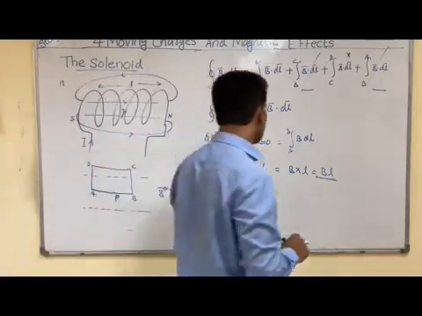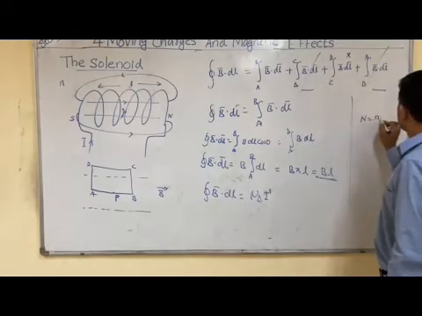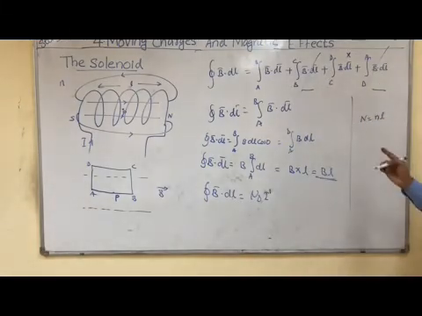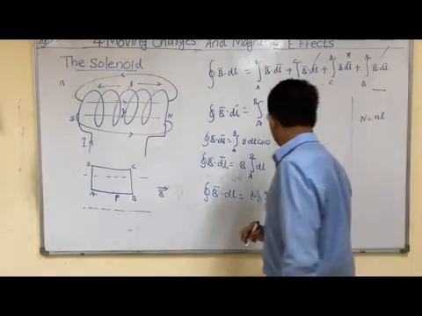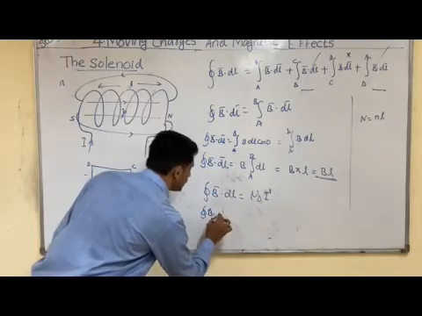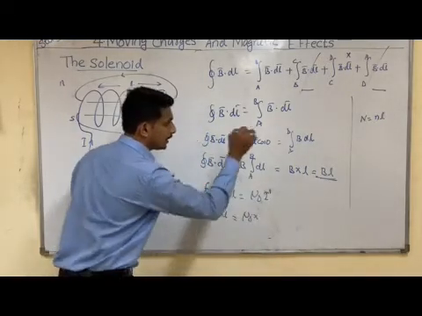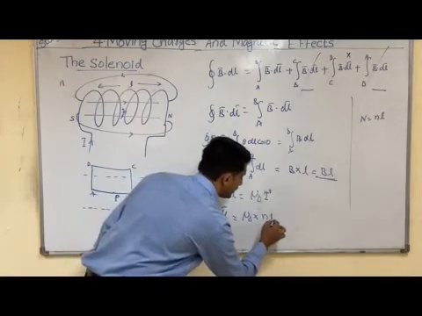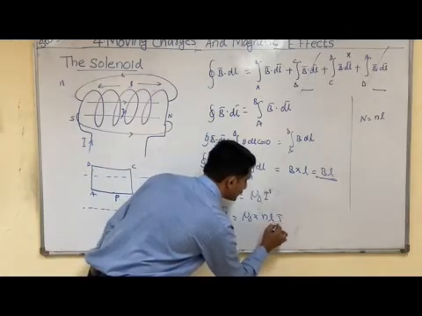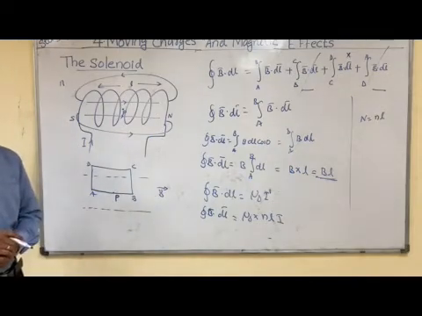So the total number of turns is n into L. So the total current passing is mu 0 into the total number of turns, nL, into I.